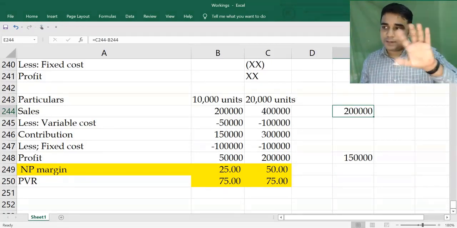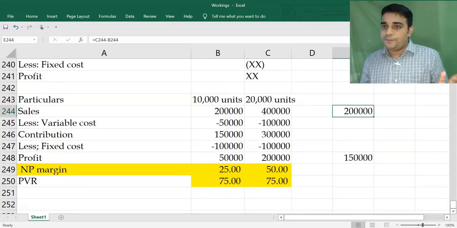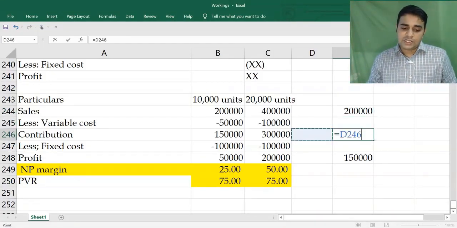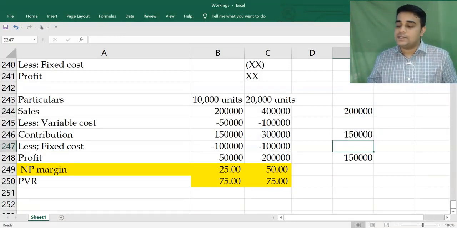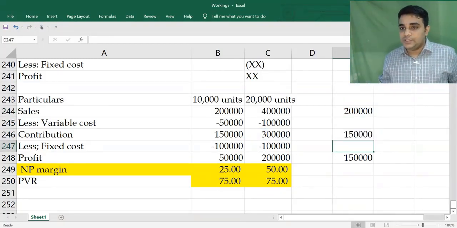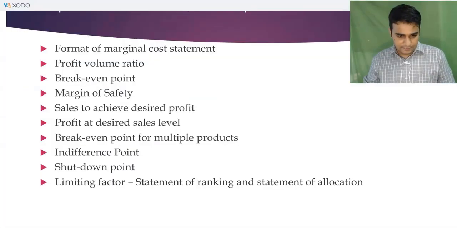I hope the formula is there. If not, I will give you time to write. Change in profit by change in sales. Other formula is change in contribution by change in sales. Change in contribution divided by change in sales. Just give me a minute.